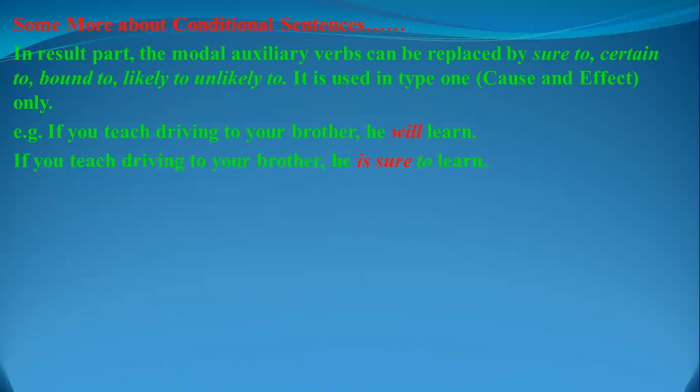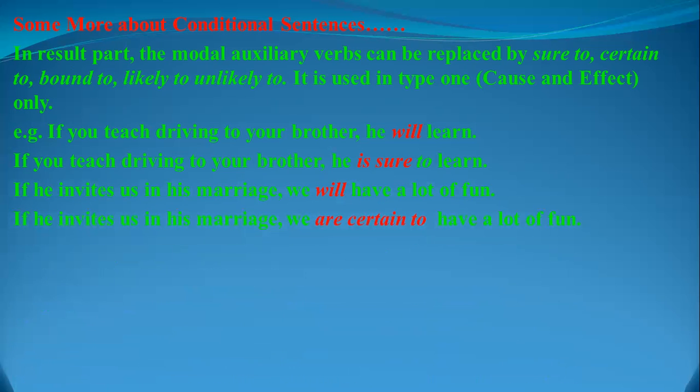Same thing, see there: if you teach driving to your brother, he is sure to learn. In this sentence, sure to is used as an adjective. One more example: if he invites us to his marriage, we will have a lot of fun.